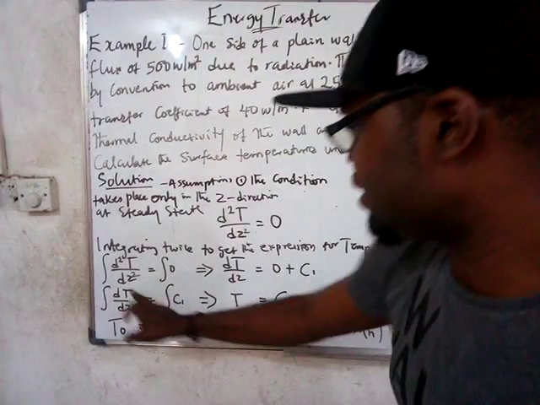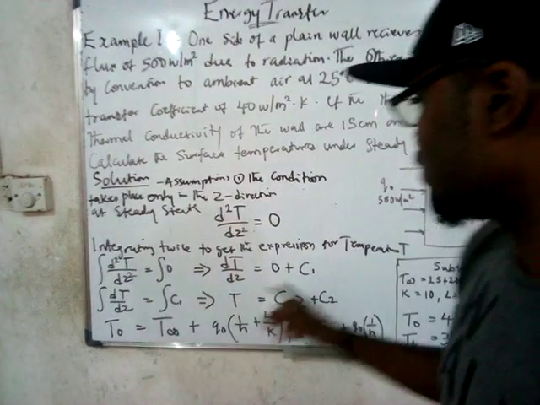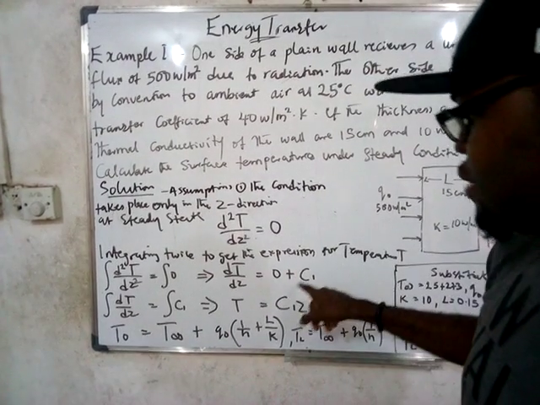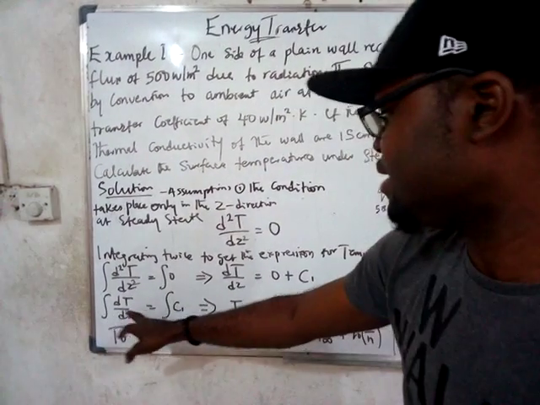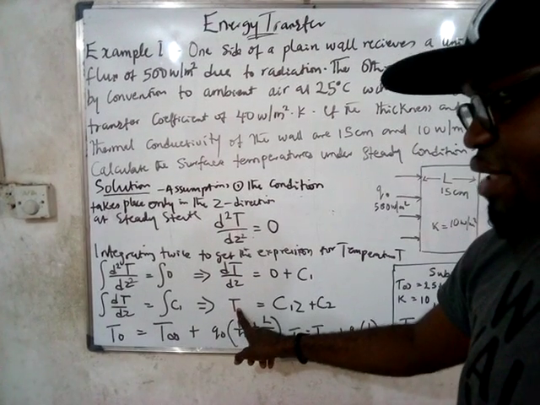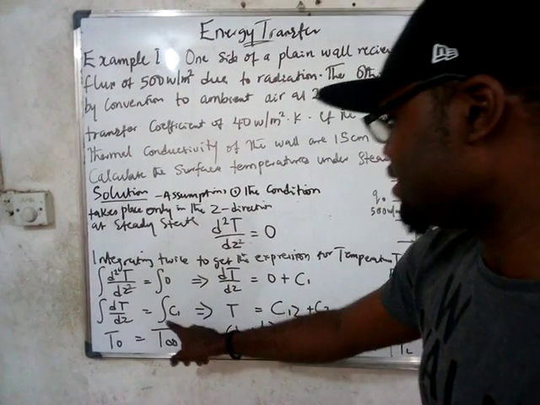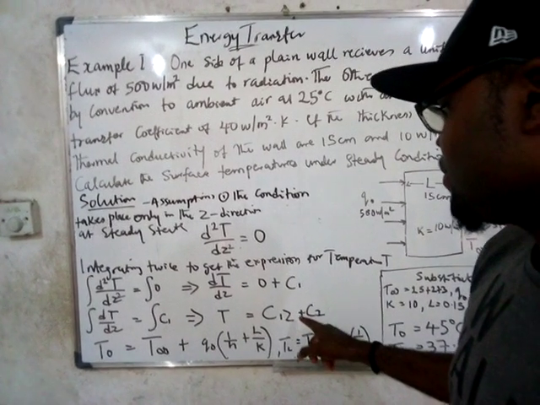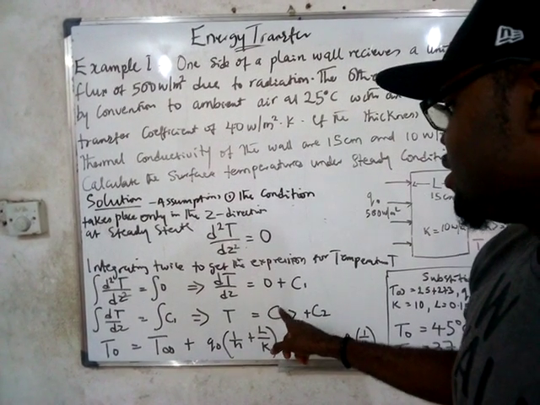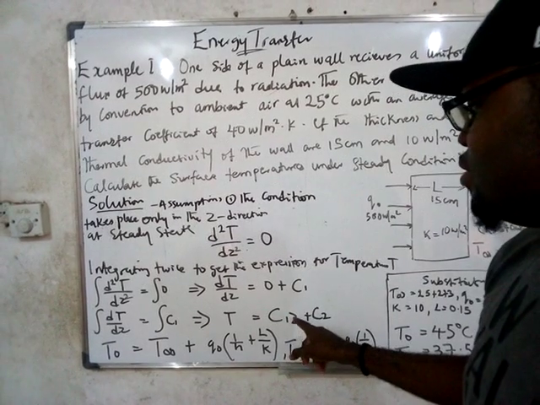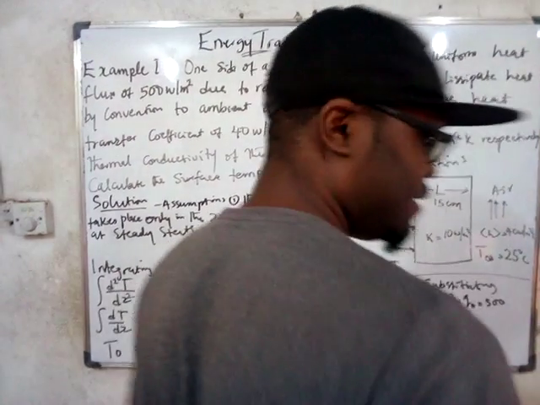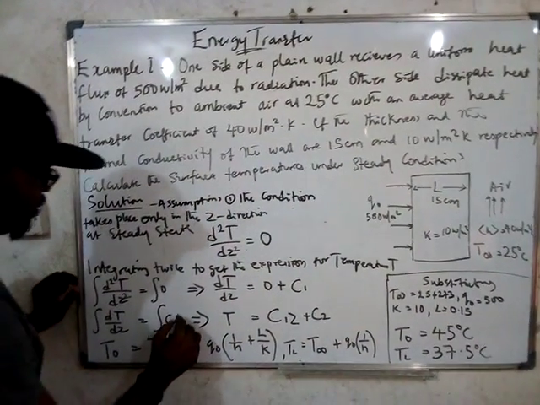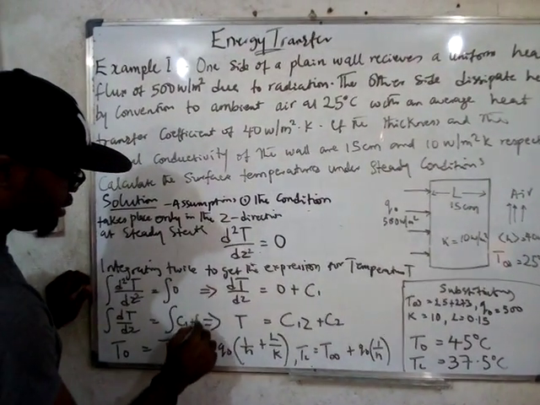When you integrate this one, you also integrate this constant. Now when you integrate this, you get T, ordinary T. There is a mistake, please. This is supposed to be integrating this plus also integrating 0.